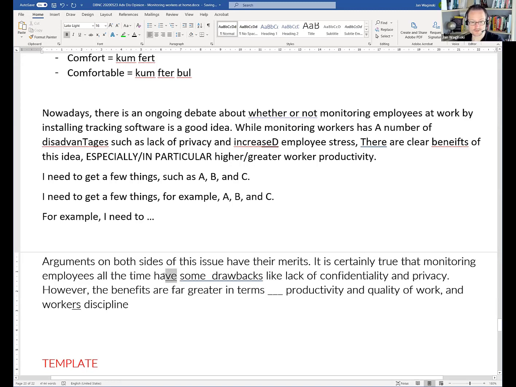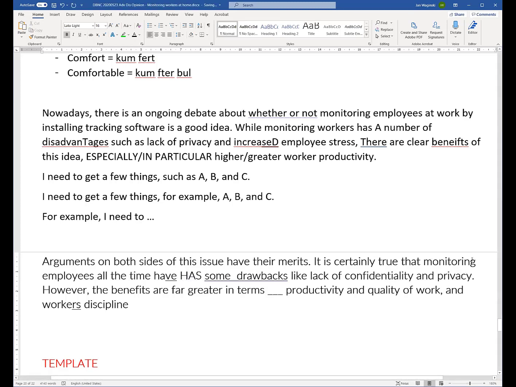Safa, how about this one? Drawbacks. It's like parallel. Because I use have, but I don't know if I have to use monitoring employees all the time has this drawback. Oh yeah, because it's going from monitoring.